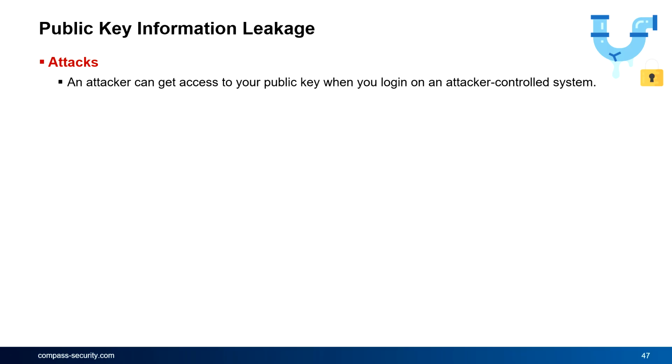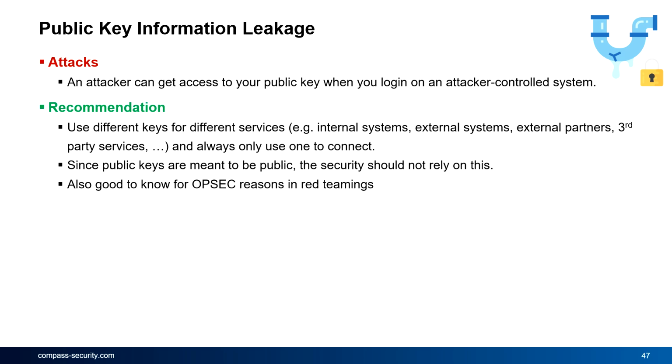So this means every time you authenticate on an attacker controlled system, you send all your public keys to this server, and the attacker will then know which public keys are associated with your user. If you want to mitigate this, it's not a real important part, and the security should basically not rely on this.